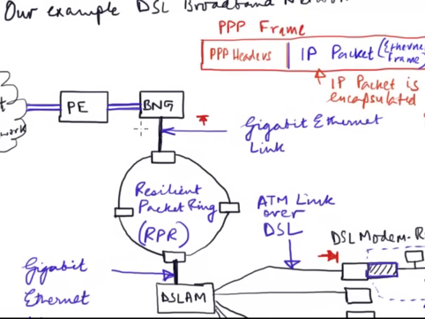Note that BNG is typically connected by gigabit Ethernet links, so the PPP frames themselves are encoded into Ethernet frames.